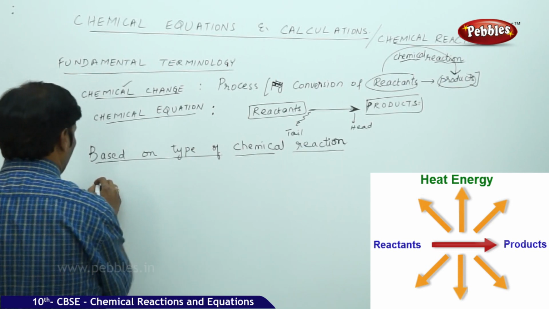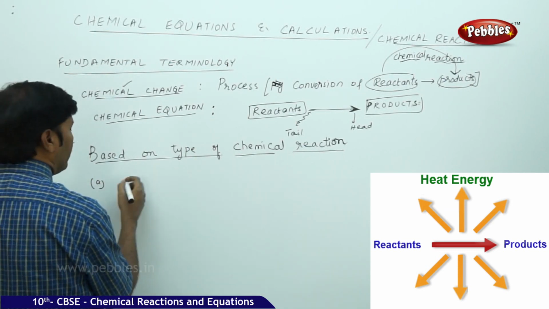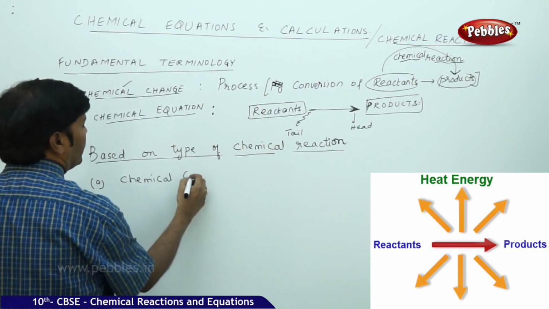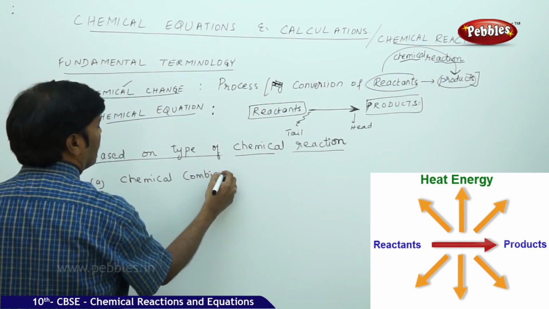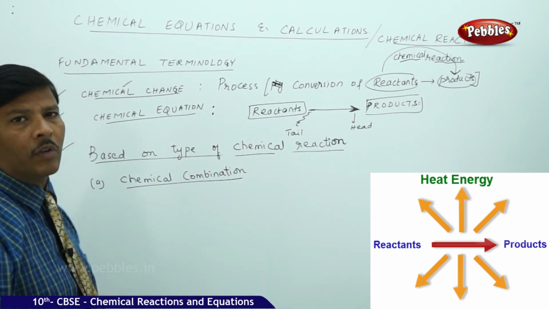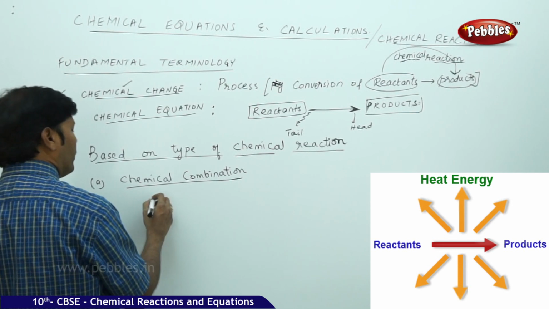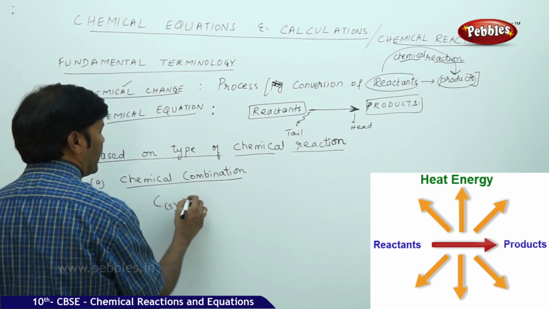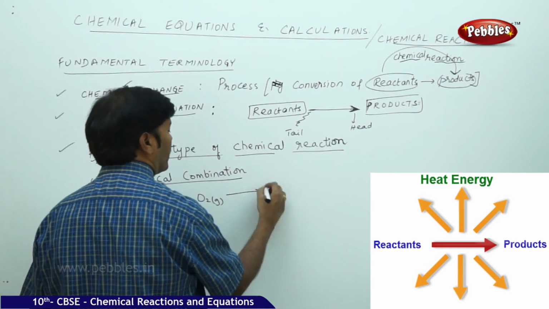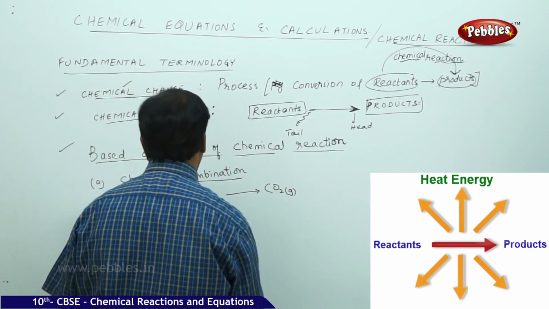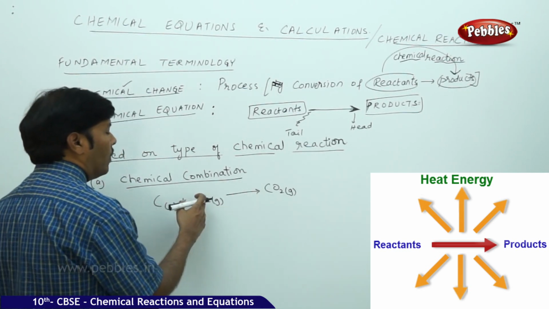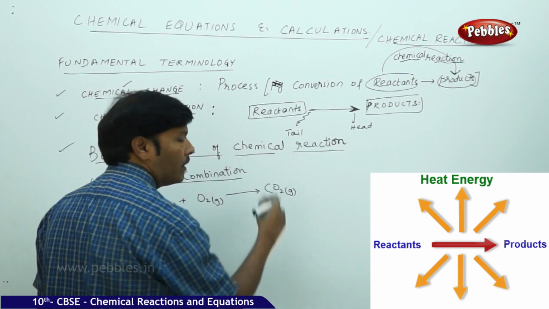Suppose I am taking chemical combination. What information can you gather from chemical combination? Suppose for example you take carbon solid reacts with O2 gas, gives rise to carbon dioxide gas. That means one element and one molecule. Carbon is a solid, oxygen is a gas and carbon dioxide is a molecule again.